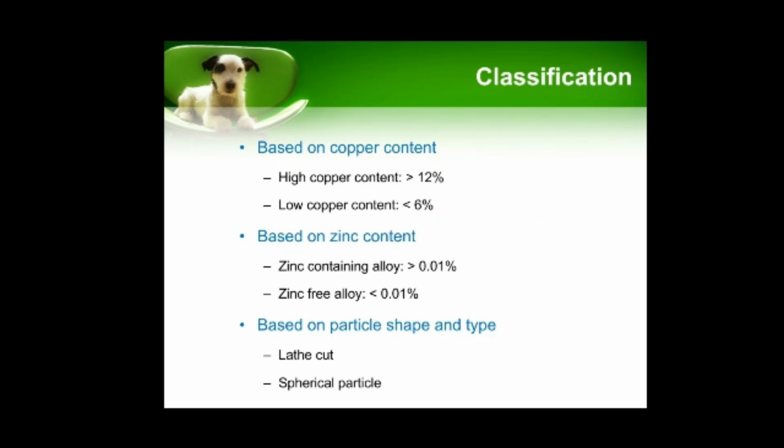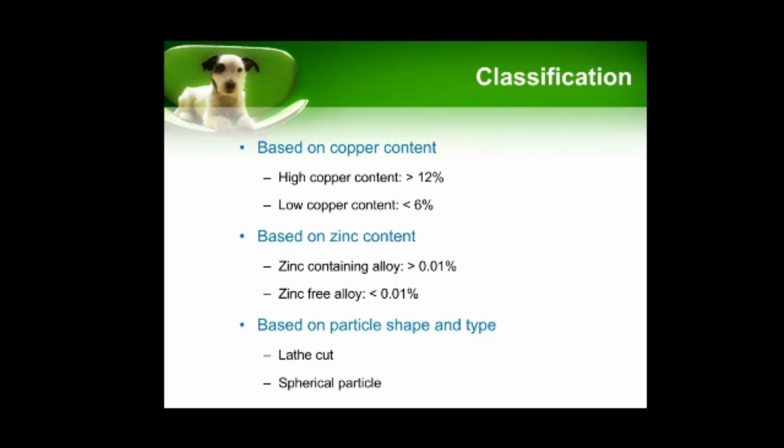The classification is based upon the copper content. It can be classified as high copper content with more than 12% of copper and low copper content with less than 6% of copper. Based on zinc, it is classified as zinc containing alloy and zinc free alloy. Zinc containing alloy has more than 0.01% of zinc and zinc free alloy has less than 0.01% of zinc.